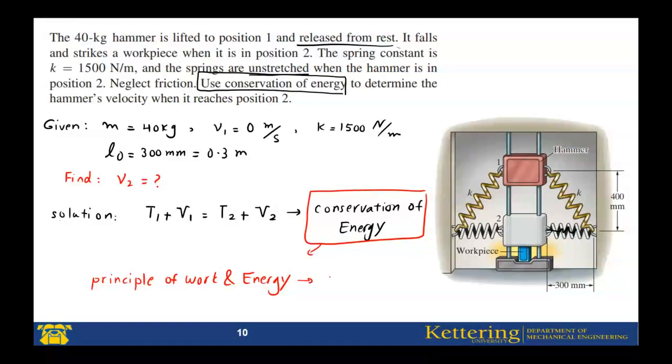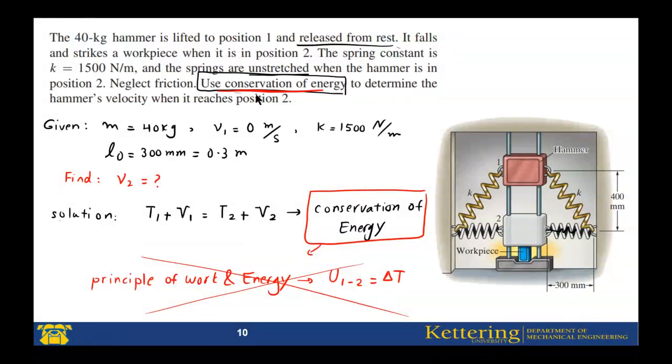The principle of work and energy means that the amount of work done from state 1 to state 2 equals delta T. For example, in the exam, when I mention to use the conservation of energy, you cannot use this one. Even though we can use this one to solve this problem, and it's possible, you have to use the method that is mentioned in the problem.